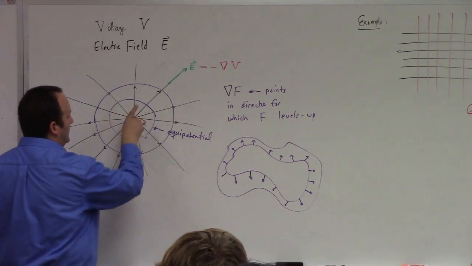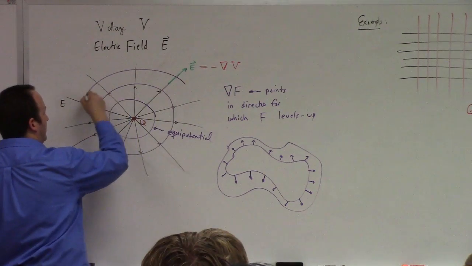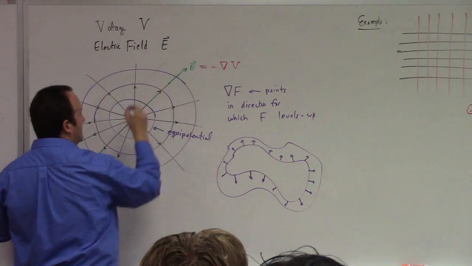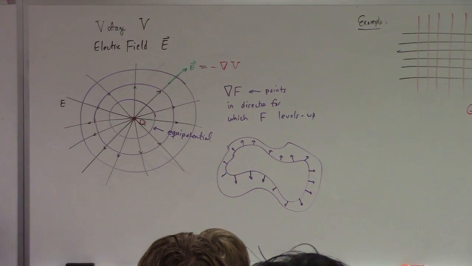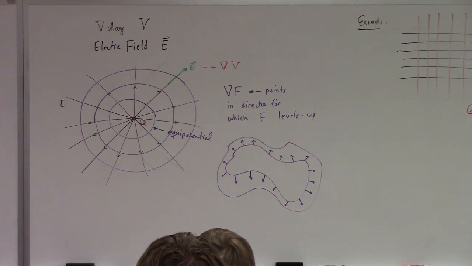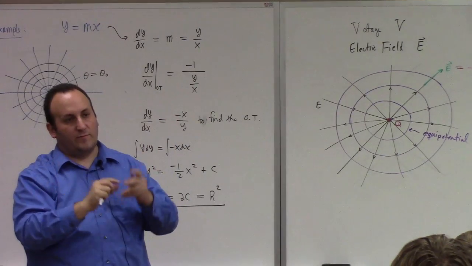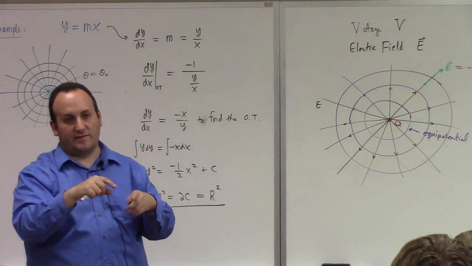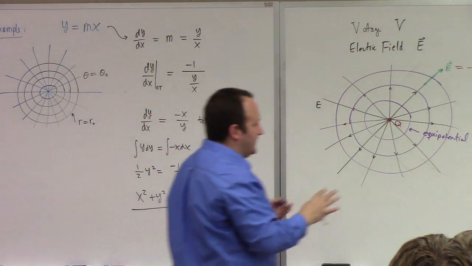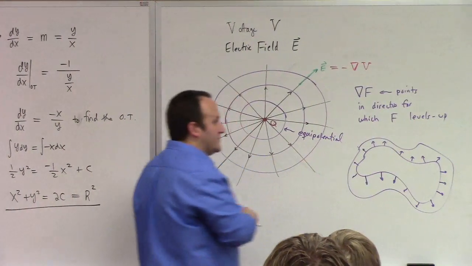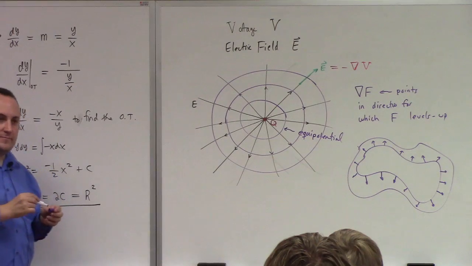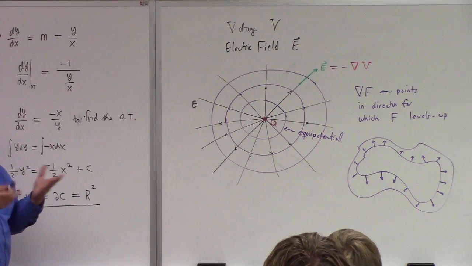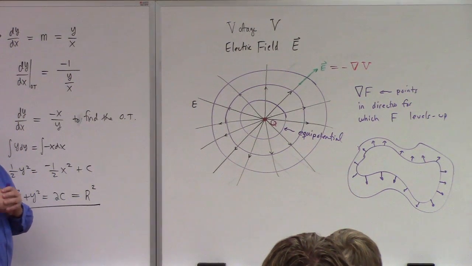So as you go further out, we're going to lower and lower voltage circles. But the equipotential lines and the electric field lines form orthogonal trajectories because they are perpendicular. Again, the full story is in calculus 3. So that's one of the reasons we're interested in orthogonal trajectories.